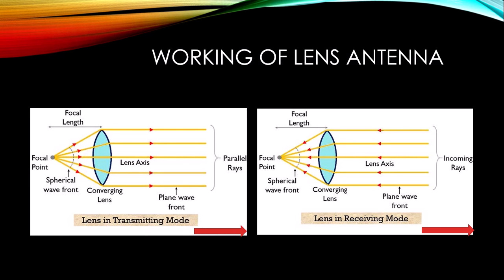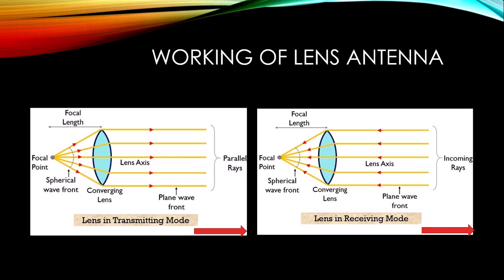So let's go to the working of the lens antenna. We have discussed the principle of operation of the lens antenna. Let us now see how it is actually designed for transmission and reception of signals in the microwave frequency range. In this picture, the lens is in transmitting mode.